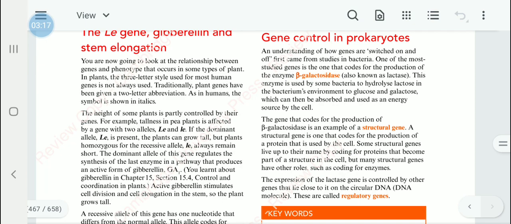Earlier in AS level and O levels we discussed how gibberellin and other hormones and enzymes affect the functions of a plant. Active gibberellin has different functions. Some of the functions are that it stimulates cell division and cell elongation in the stem. So as a result, it will grow tall.